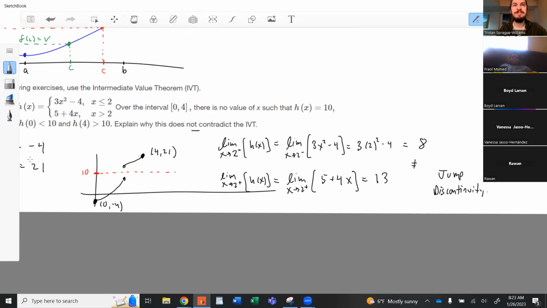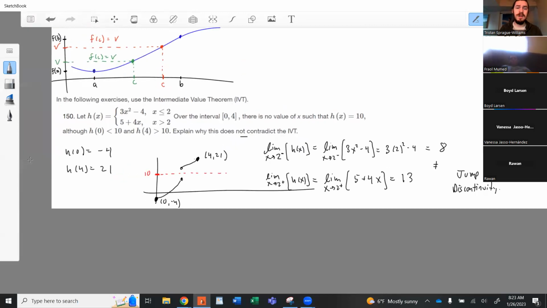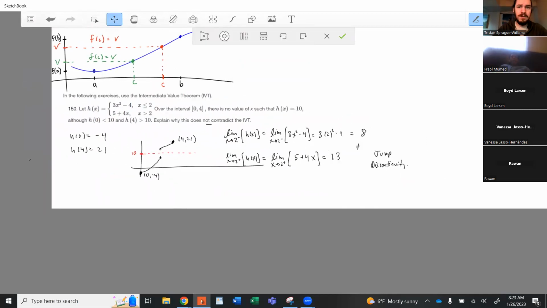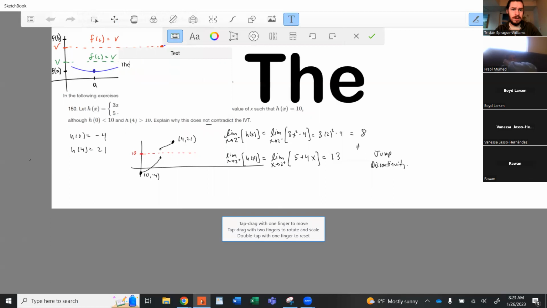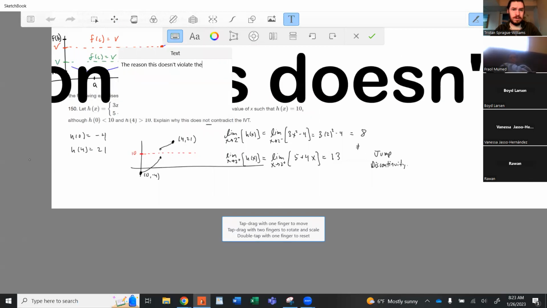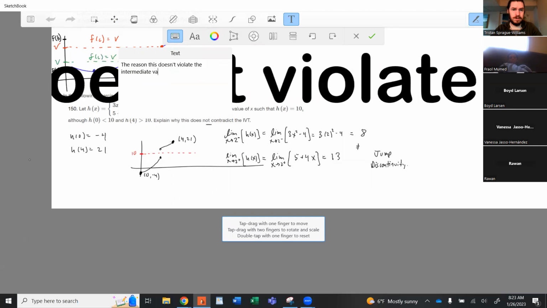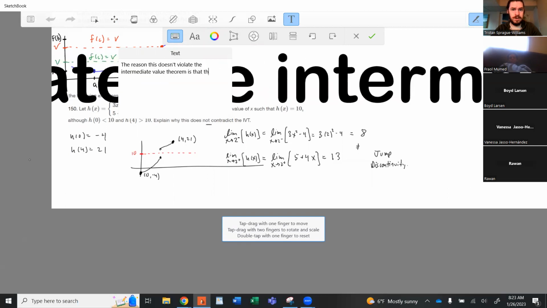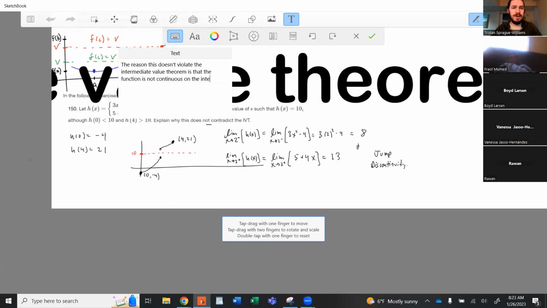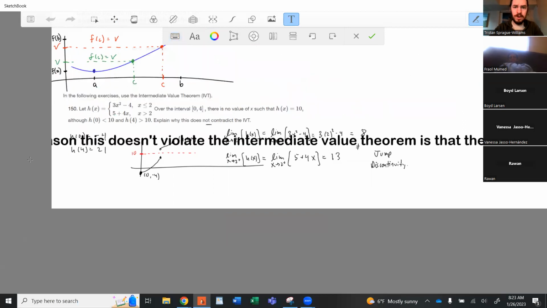It's called that, right? So that's why it doesn't violate the intermediate value theorem. It's because the function is not continuous on the interval 0 to 4.